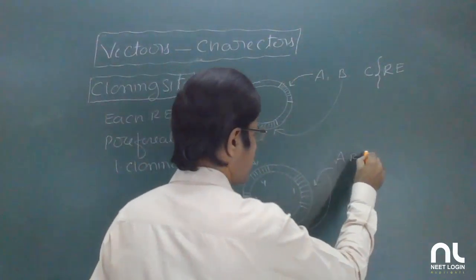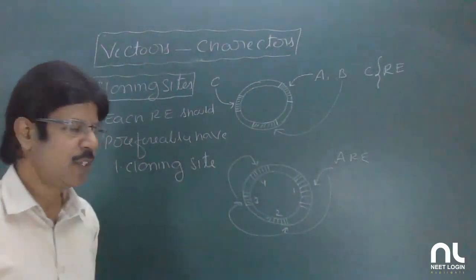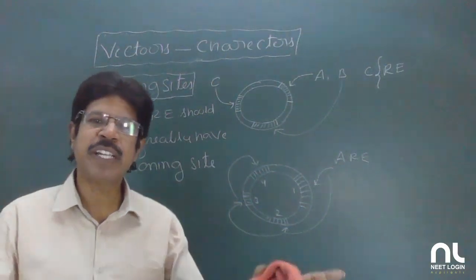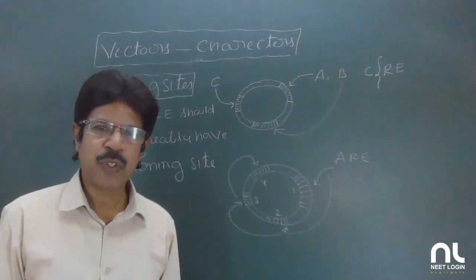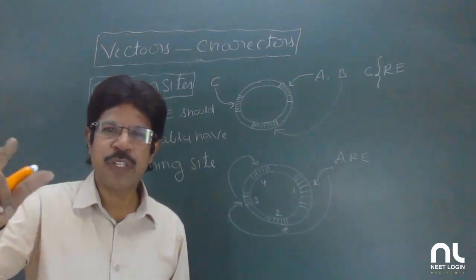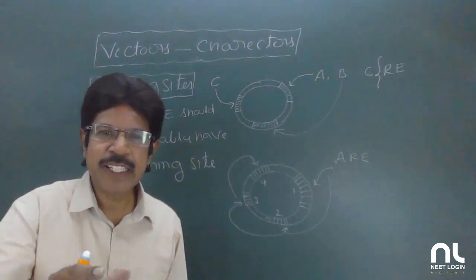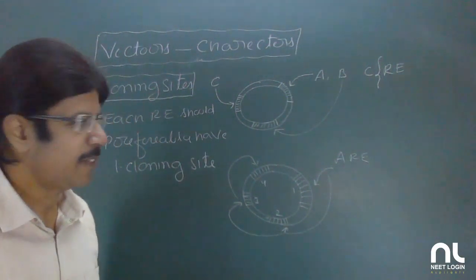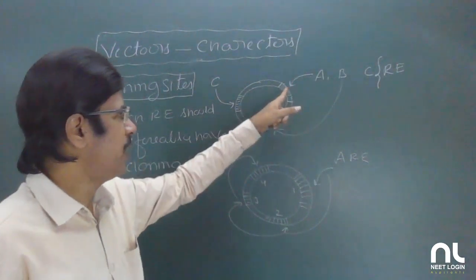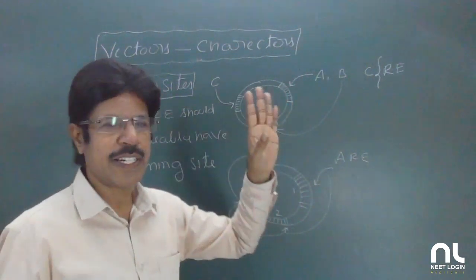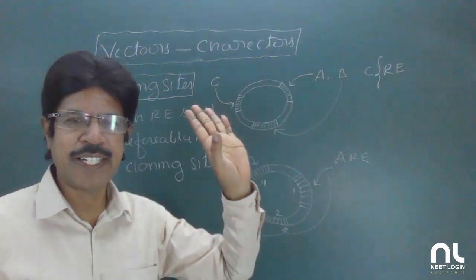One restriction enzyme having many points, total plasmid is going to be cleaved. So, some useful points are going to be eliminated, making the process highly complex. So, A should have 1, B 1, C 1, it is feasible, it is convenient.